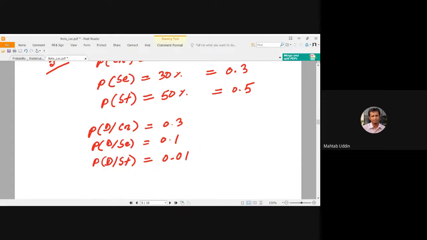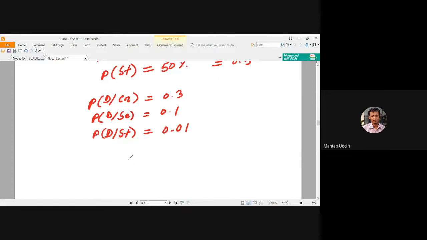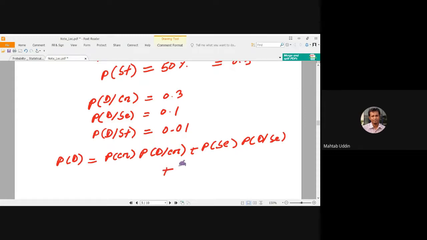Now, how can we find the total die? It may be die from critical, that is probability of critical and die from critical. Then probability of serious and die from serious. Also, the patient may be stable and then die from stable.